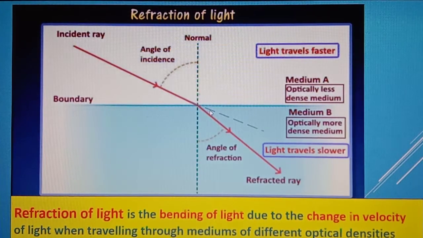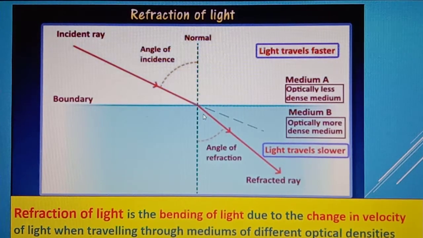What happens to the light ray? If there is no change in density of medium, the light ray will travel in a straight line. So this is the line that will be passed through by the light if no change in density, this broken line. But now there is a change in density, so this is the denser medium.